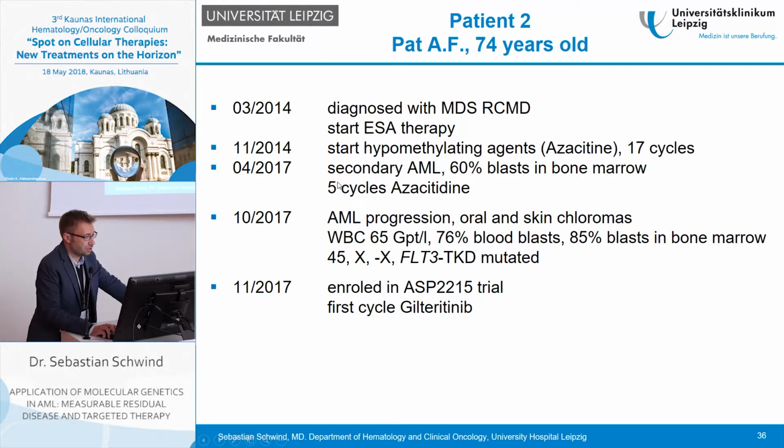Externally, they continued with 5 cycles of azacitidine, and that didn't work, and the AML progressed, and she was first presented to our department with oral and skin chloromas, with high white blood cell counts, high peripheral blasts, and high blasts in the bone marrow. And she had a FLT3-TKD mutated AML. So we could enroll her in the gilteritinib trial.